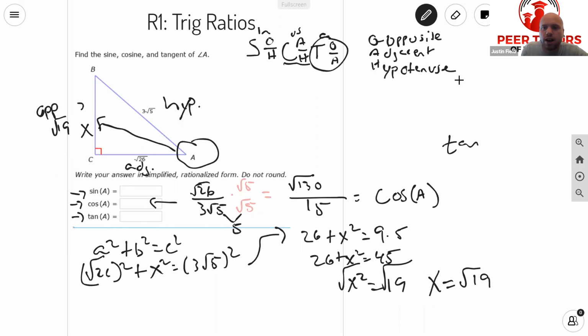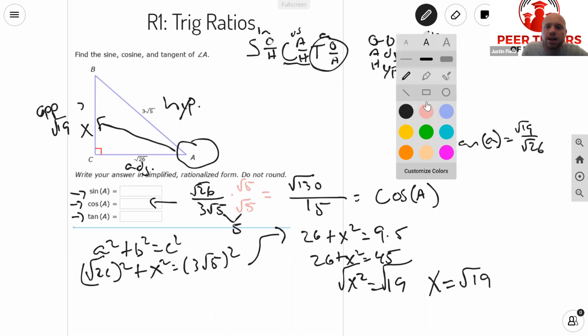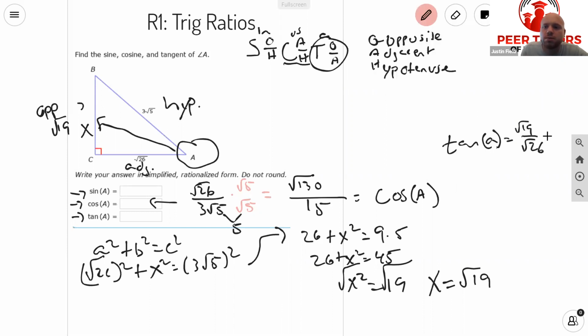So the opposite is the square root of 19. Tan of A equals root 19 over adjacent, root 26. Rationalize by multiplying both top and bottom by root 26. And then what is 19 times 26? 494.